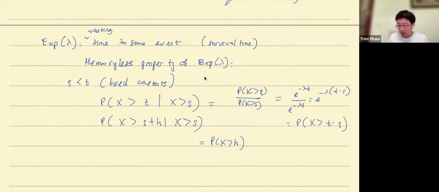If you think the exponential represents a person's age, so it marks a death, it says that if a person has survived until 60, then the chance that they will survive until 70 is exactly the same as a baby surviving into 10 years old.